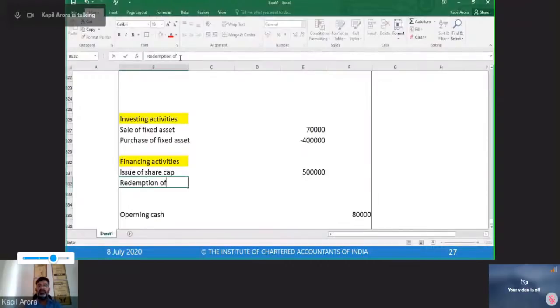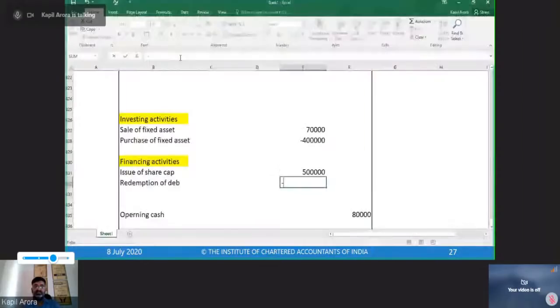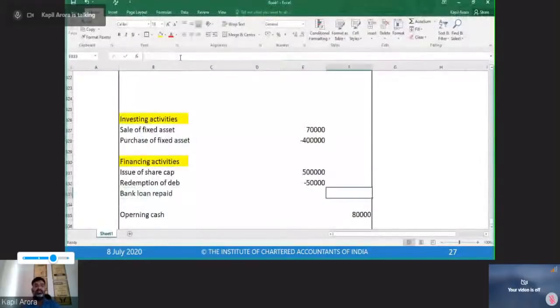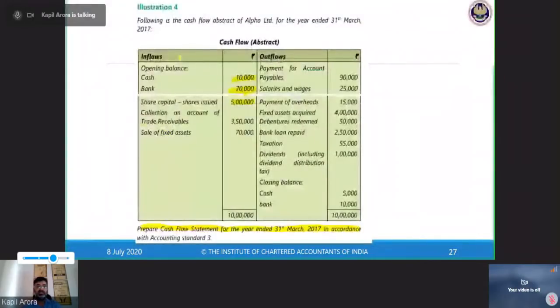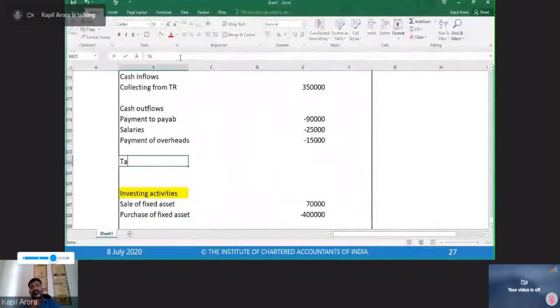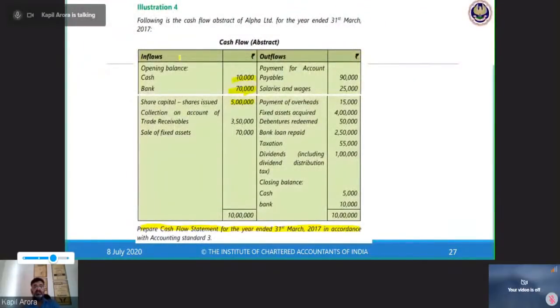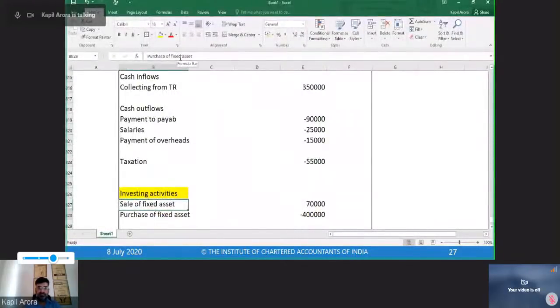Then we have taxation. Why are we taking taxation separately? Because that is the requirement. So taxation minus 55,000. Dividend including dividend distribution tax. I have paid dividend, so that will also come under here, minus 1 lakh.